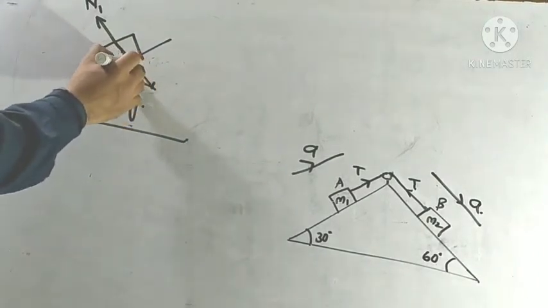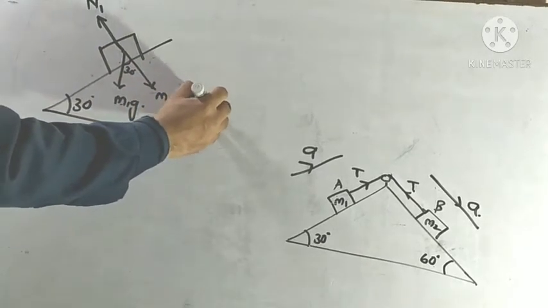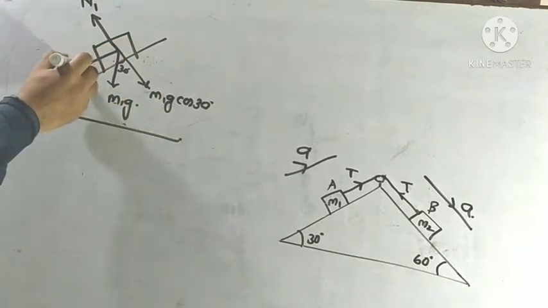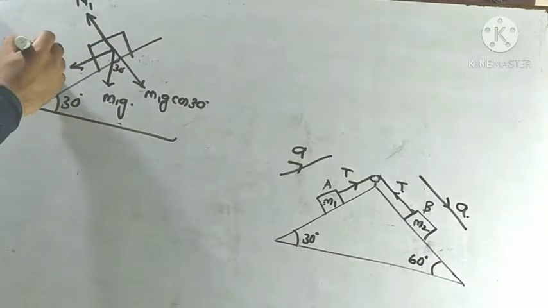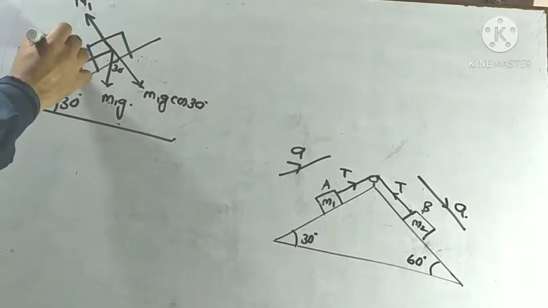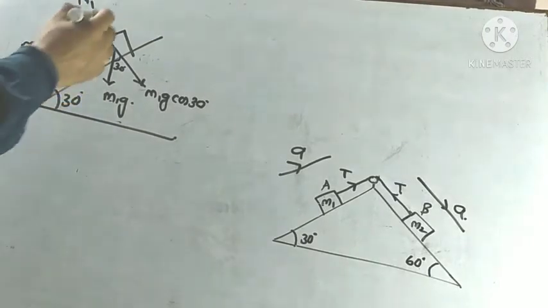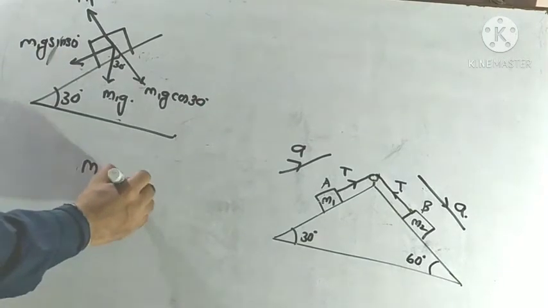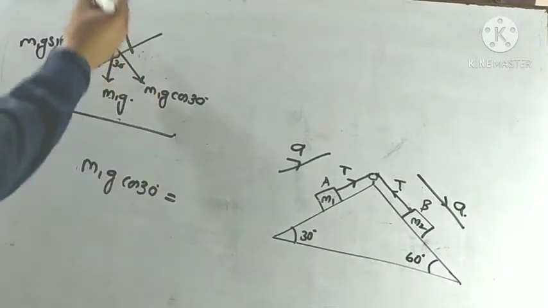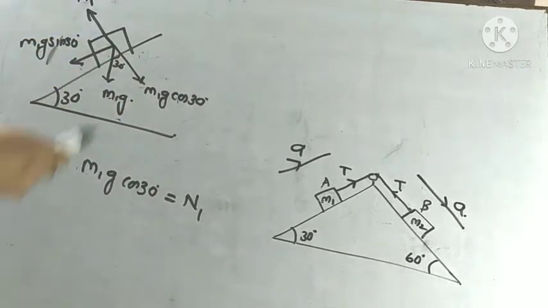This makes an angle of 30 degrees. One part is m1g cos 30 degrees, and another component is m1g sin 30 degrees. Here m1g cos 30 balances this normal force N1, I mean both have the same magnitude but opposite directions.